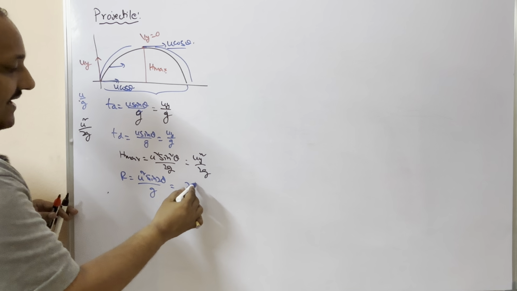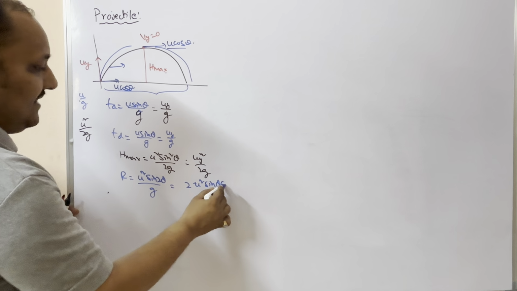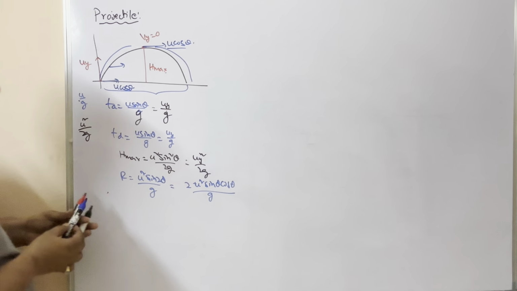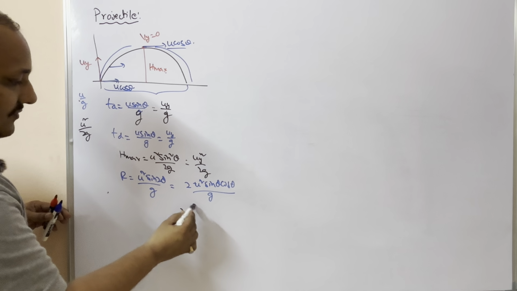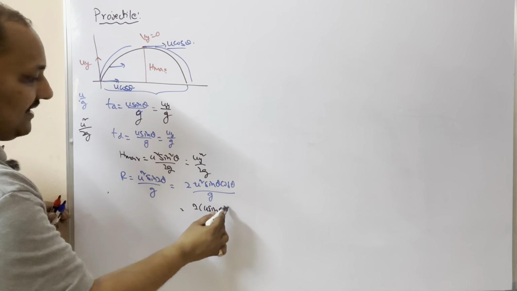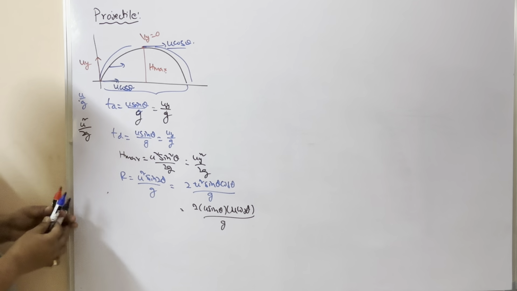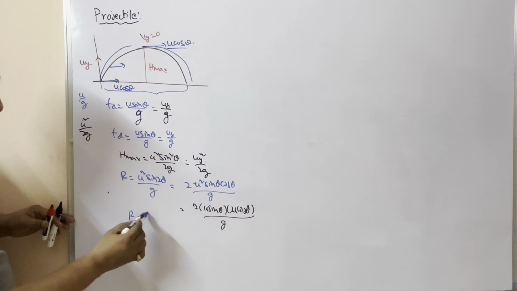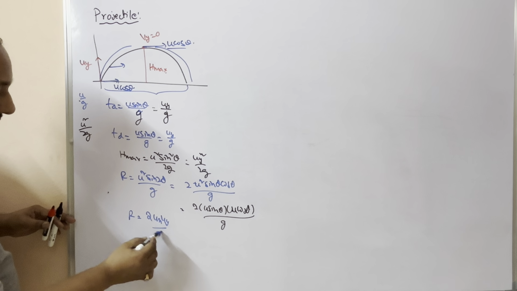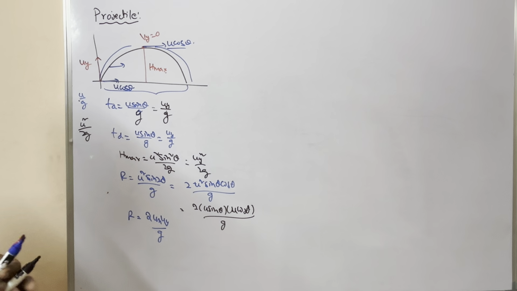This they will also write as 2u square sin theta cos theta by g. That is 2u sin theta u cos theta divided by g. We will write u cos theta and u sin theta as 2ux uy by g. This is the range equation.